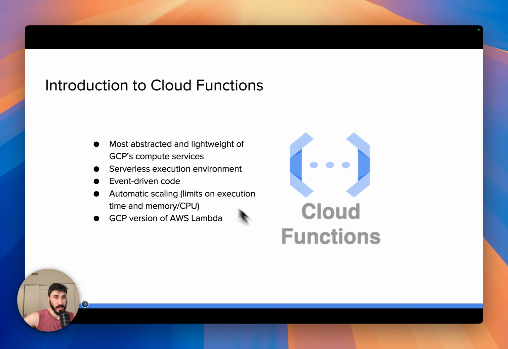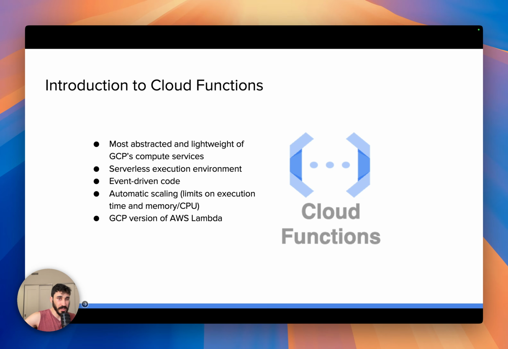All right, moving on to Cloud Functions. So Cloud Functions are, as we talked about in the spectrum slide, the most abstracted and lightweight of GCP's compute services. It's a serverless execution environment, so obviously you do not need to manage any of the infrastructure. The code is event-driven, so it can be triggered by different events in your GCP environment or HTTP requests.